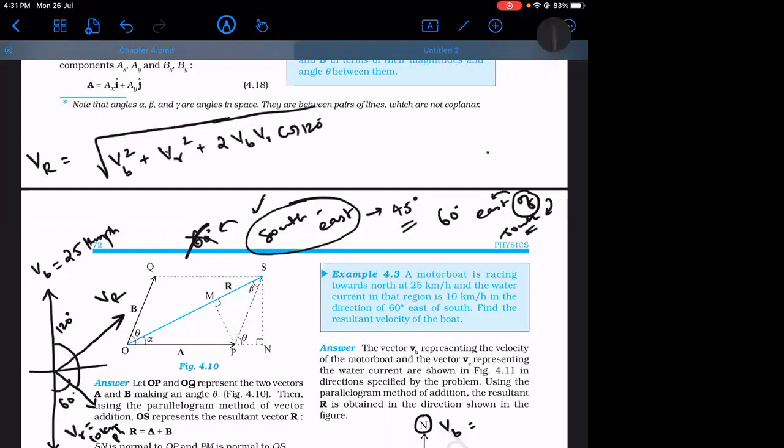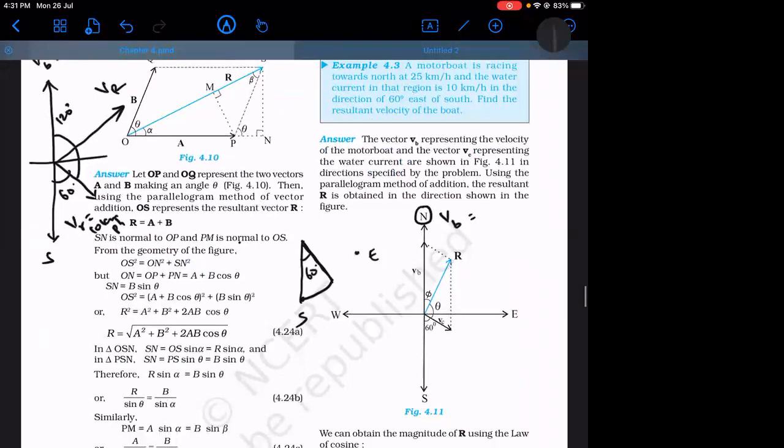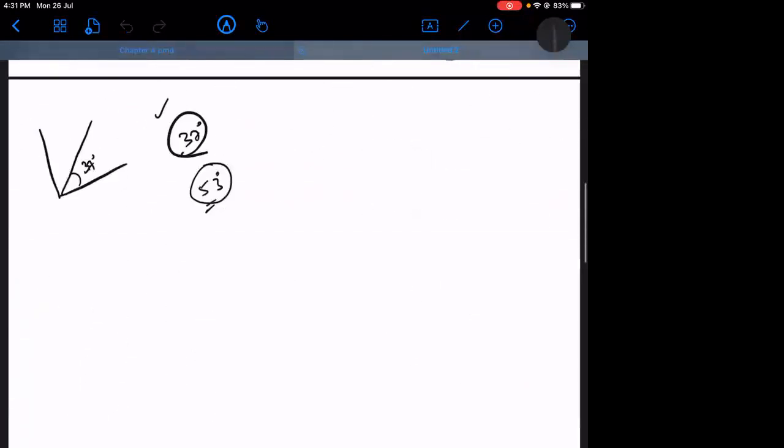Sir, how can that be the resultant, sir? It's not a parallelogram, right? It can be formed. I can still form a parallelogram.